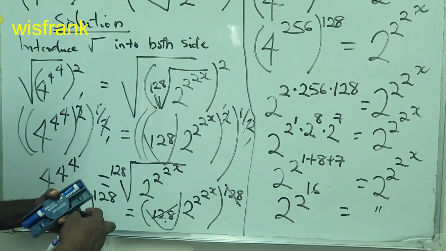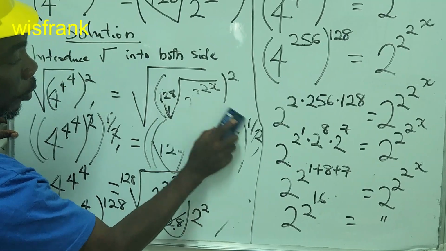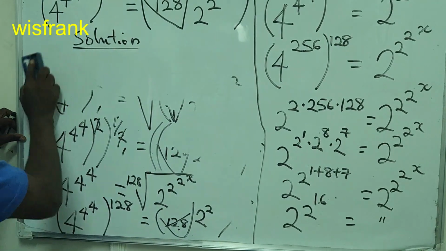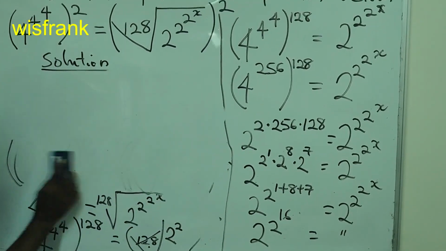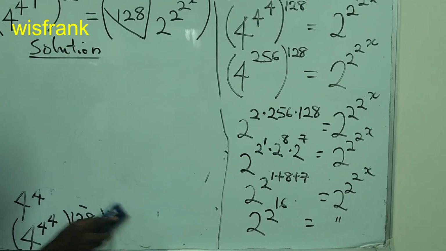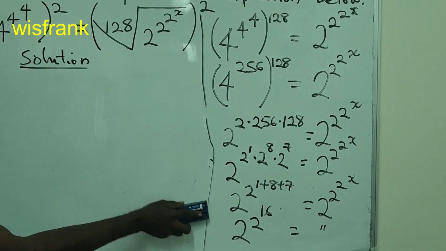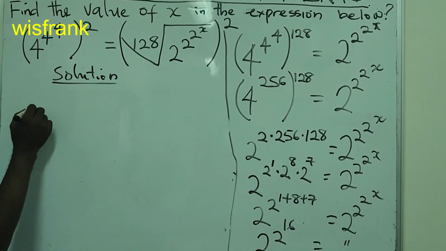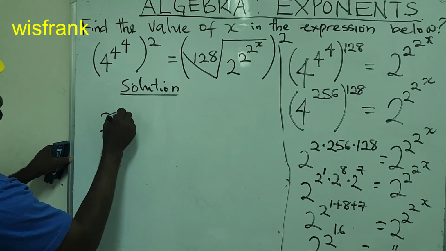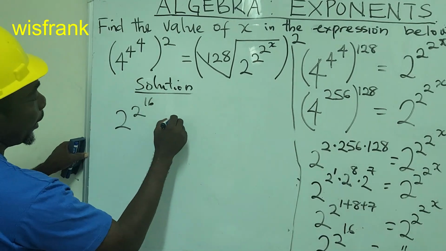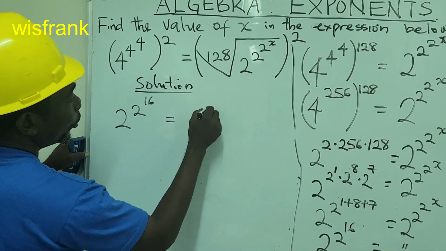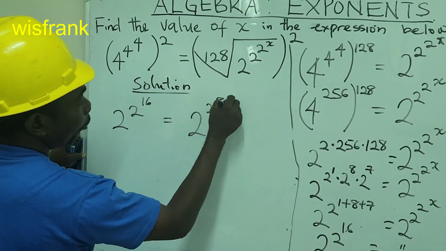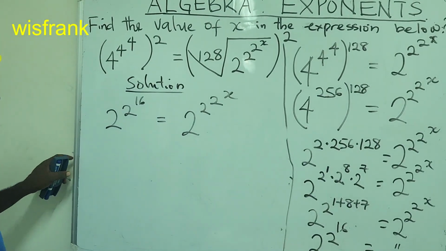So let's move over to this other side. So when we have 2 raised to the power of 2 raised to the power of 16 equals 2 raised to the power of 2 raised to the power of 2 raised to the power of x.